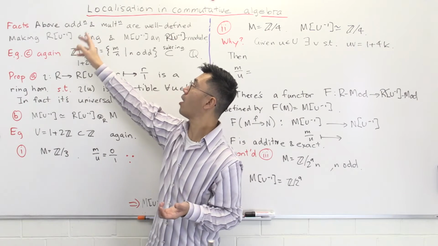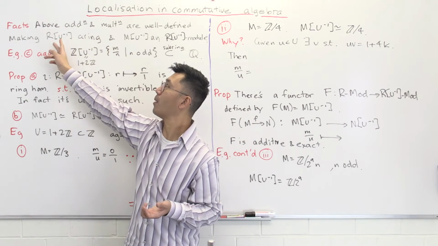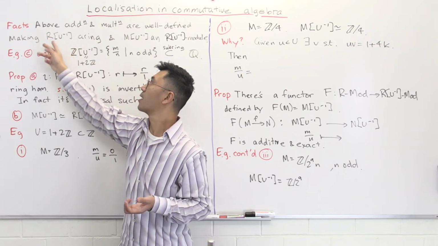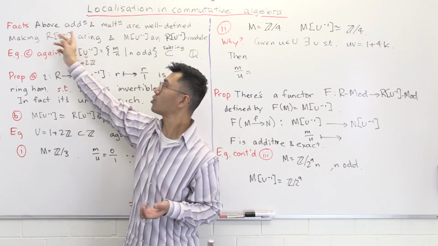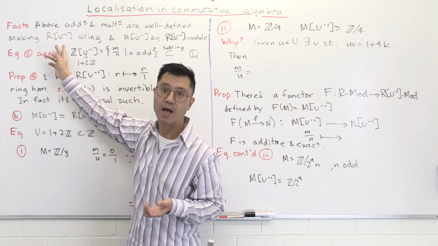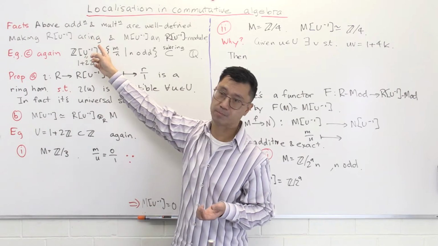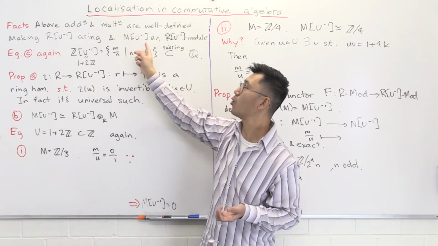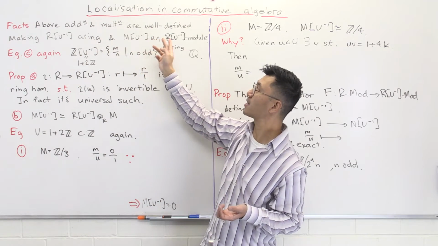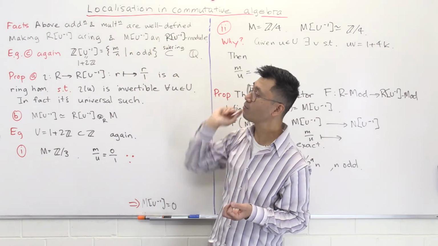So in particular, you have an addition on R U inverse, and you can also multiply two elements of this together to get something inside here, and that actually makes this a ring. Furthermore, for this M U inverse, you can multiply by things inside here, and that multiplication makes this M U inverse an R U inverse module.